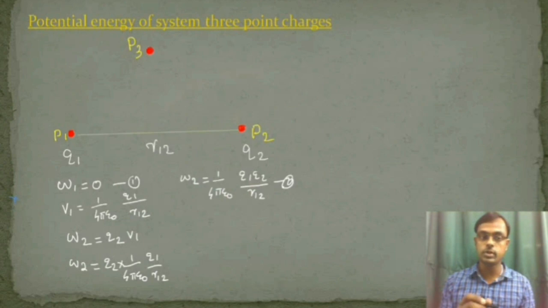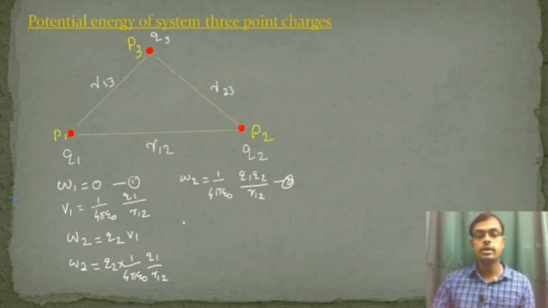So definitely work has to be done. So let's think you're bringing Q3, and the distance between P2 and P3 is taken as R23 and the distance between P1 and P3 is taken as R13. Clear?